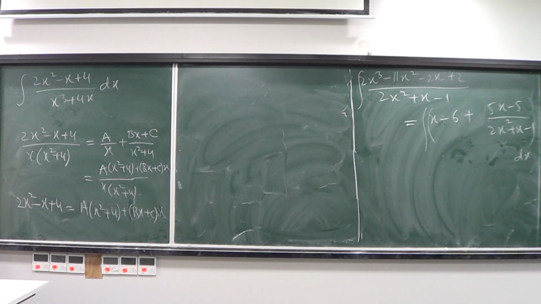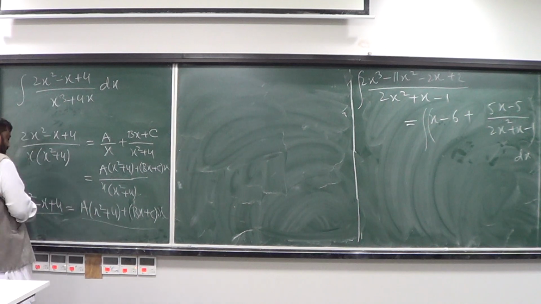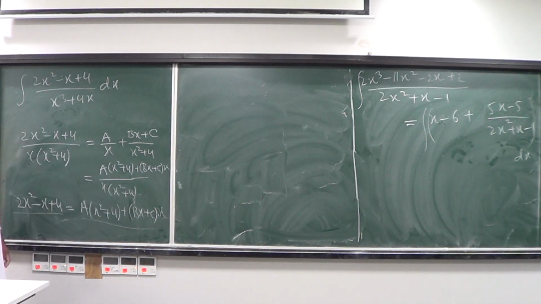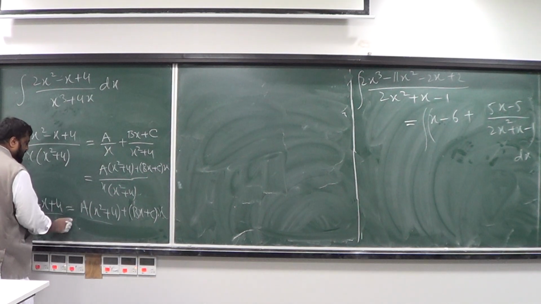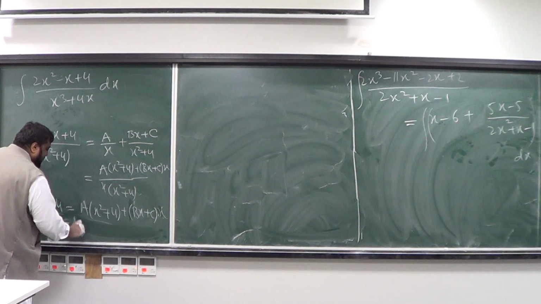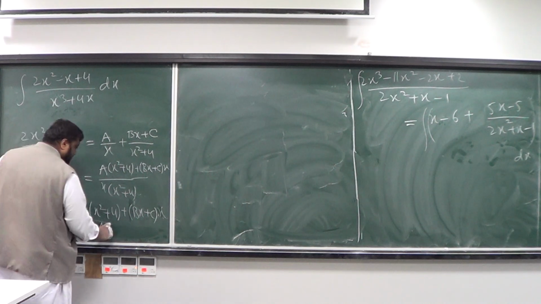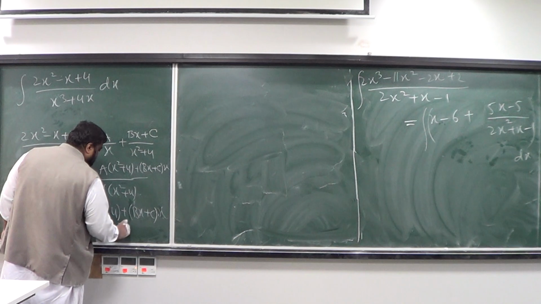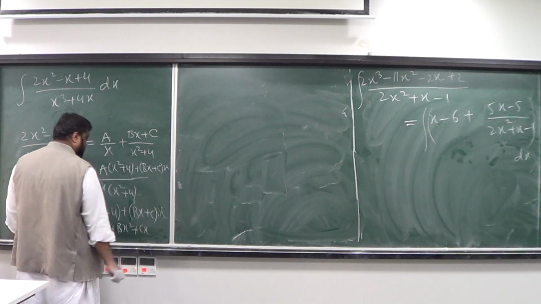And then what is the trick? If this is a quadratic expression with some coefficients, try to write this also in the form of such an expression and then compare the coefficients. If I simplify this expression, it's going to be Ax square plus 4A plus Bx square plus Cx.